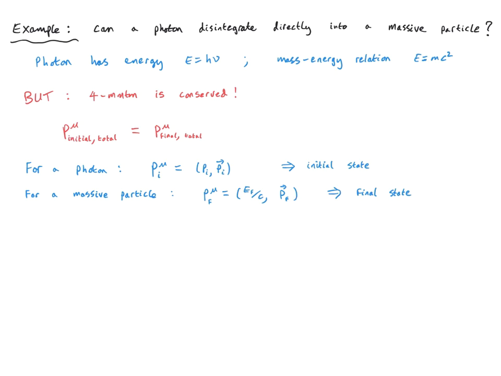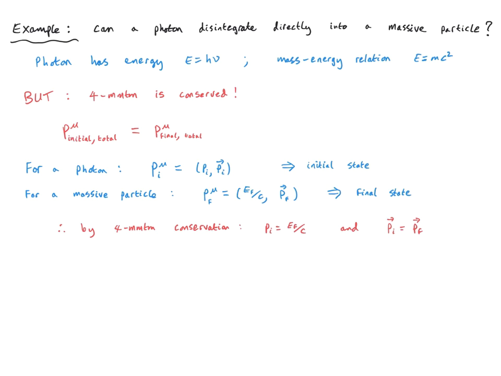Now, the conservation of four-momentum tells us that this initial four-momentum has to be equal to this final four-momentum. And indeed, we can compare, component by component, these two objects. So in this case, we learn that the initial momentum, pi, must be equal to Ef over c, the final energy divided by c. And we learn that the initial and final relativistic 3-momenta must be equal.